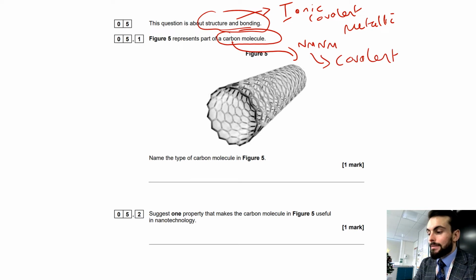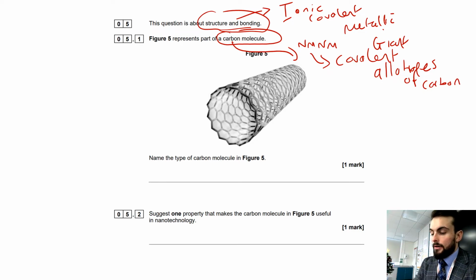When you're talking specifically about carbon, you're talking about those giant carbon allotropes. You only need to remember a few. So you're thinking straight off the bat, what were the carbon allotropes that we've been talking about?